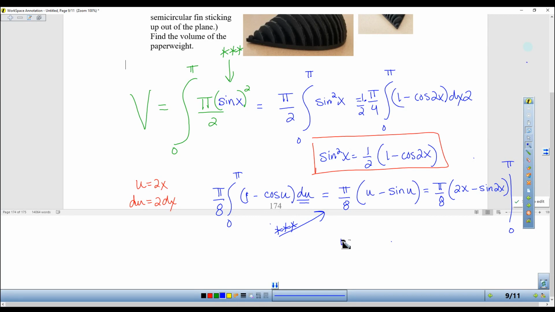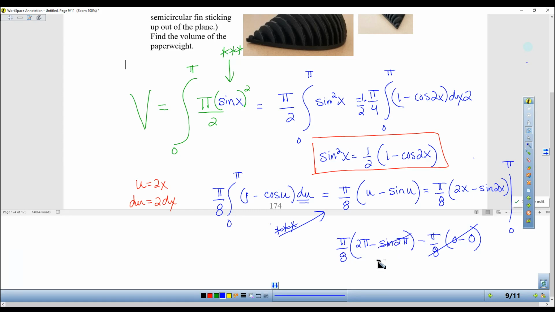So when I plug a pi in, pi eighths times 2 pi minus sine of 2 pi, minus pi eighths, 0 minus sine of 2 times 0 is sine of 0, which is also 0. Like I said, we always plug 0 in because sometimes it actually is an answer.